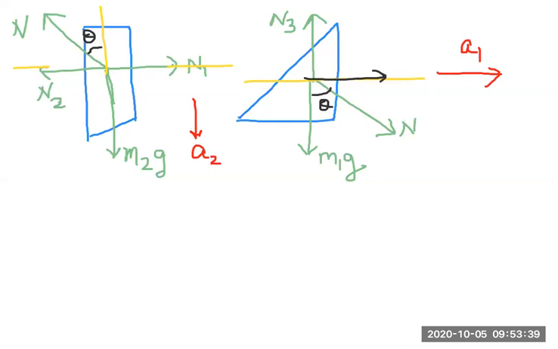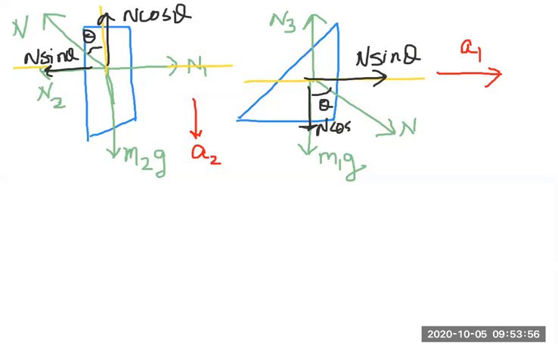So this will be equal to N sine theta, and this will be equal to N cos theta, and this will be equal to N sine theta, and this will be equal to N cos theta. Now here I'm only interested along the y-axis. Here I'm only interested along the x-axis. Why is this? Well, in this situation, along the x-axis, there are two unknown forces, N1 and N2, which I'm not interested in finding.